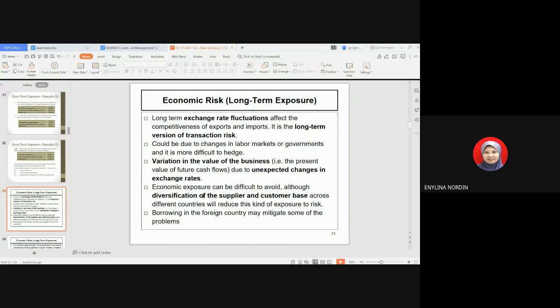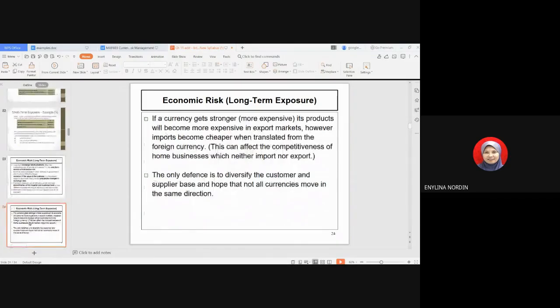That will make it difficult for the company to minimize or avoid this particular economic exposure or economic risk. Right? Okay. So this is the explanation, right?